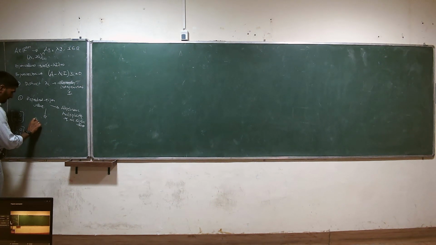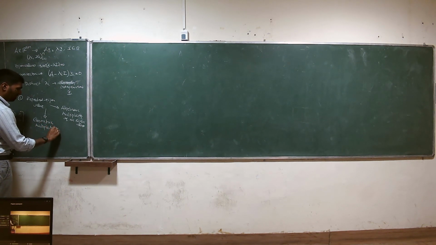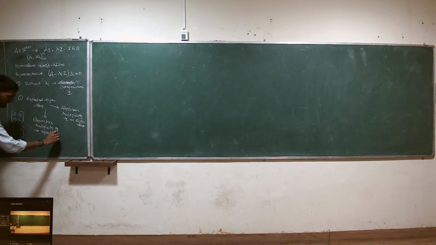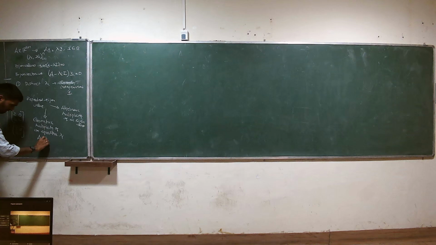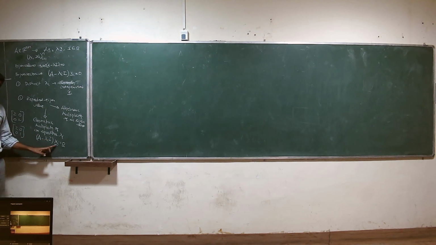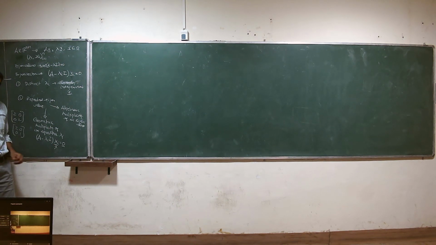Now, the next one is called the geometric multiplicity. Let's say eigenvalue lambda i. What you do here is you solve this equation: you take the eigenvalue and solve for the null space of the A minus lambda I matrix. You will have a bunch of x i's that will give you this.